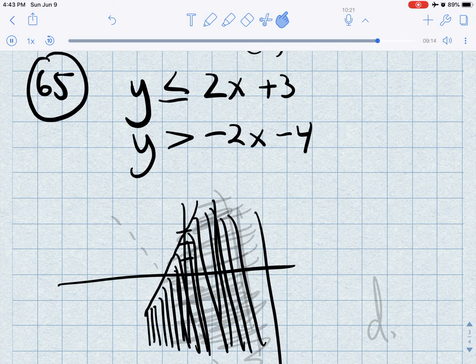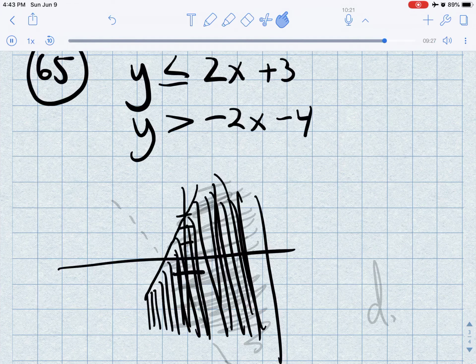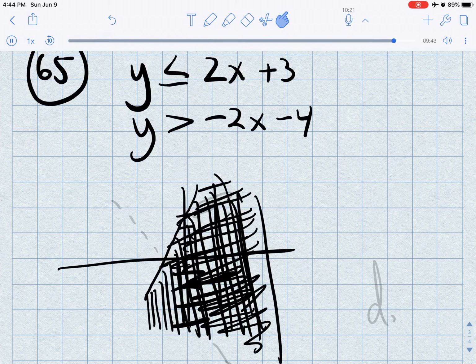The other equation says y must be greater than negative 2x minus 4. So the y-intercept is down 4 units, 1, 2, 3, 4, and I have a decreasing slope of 2, and everything above it will be this one, right?